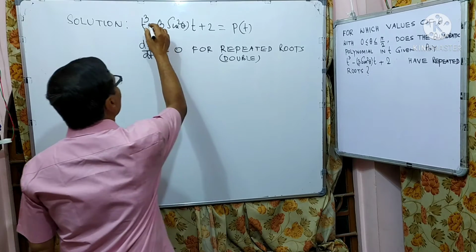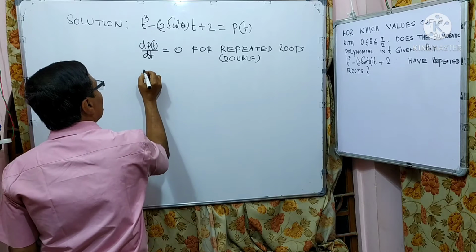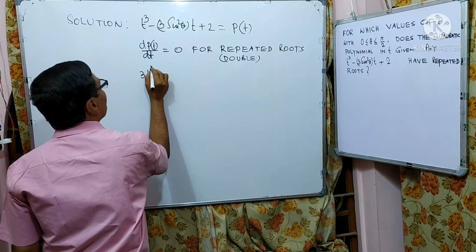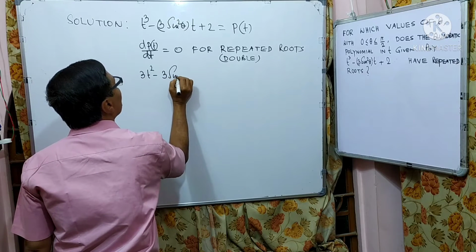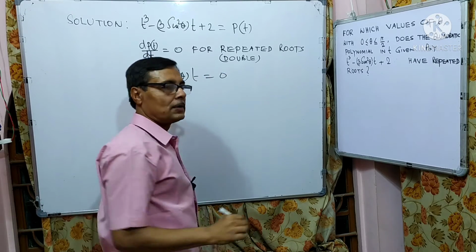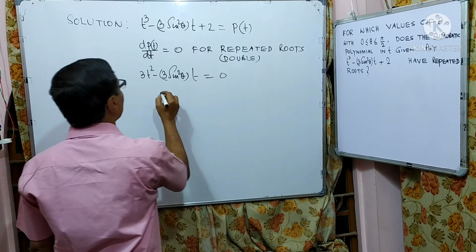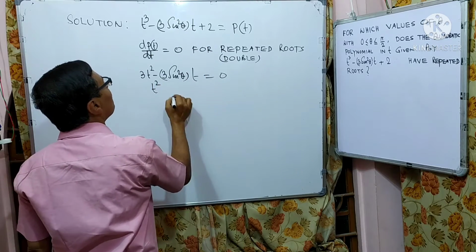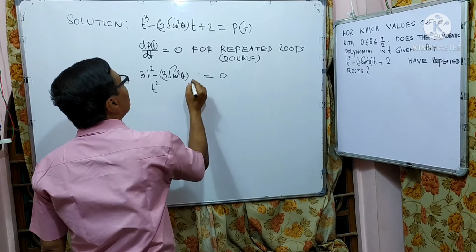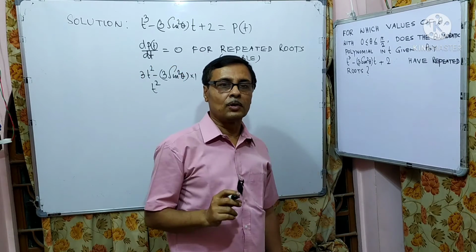Now at first we take the differentiation of this polynomial. The first order differentiation of this polynomial is 3t square minus 3 sin square theta into 1, since the derivative of t is 1, equal to 0.